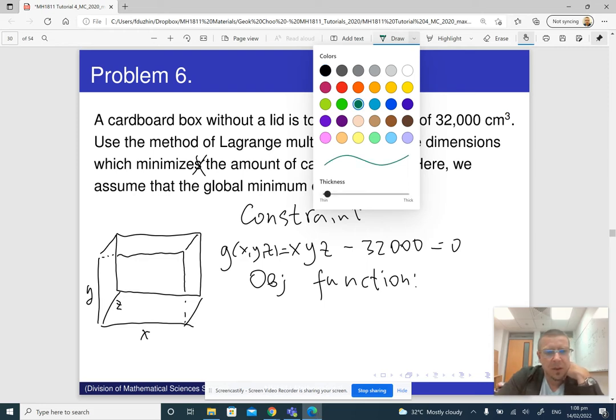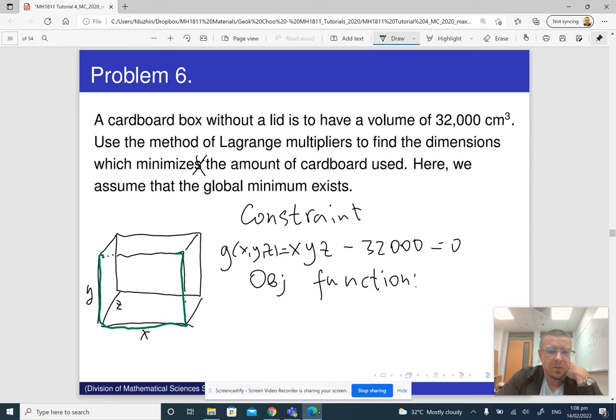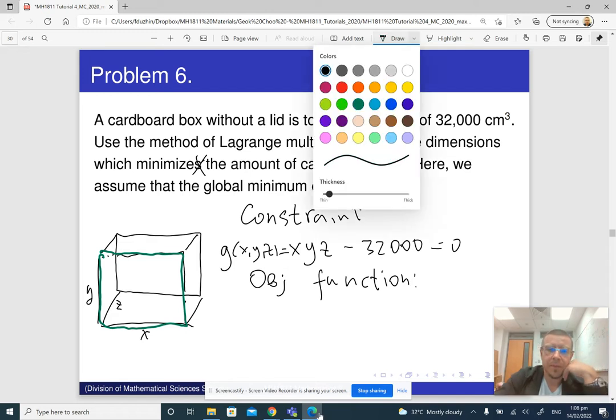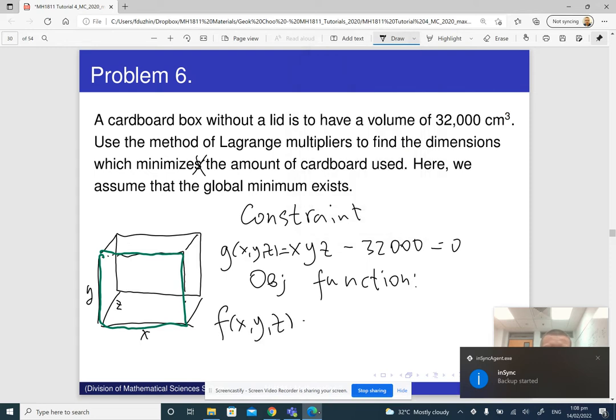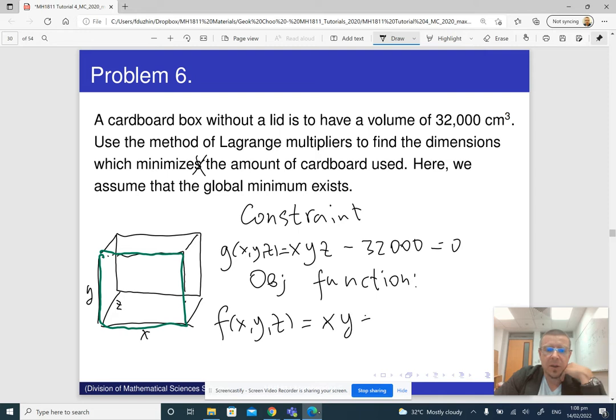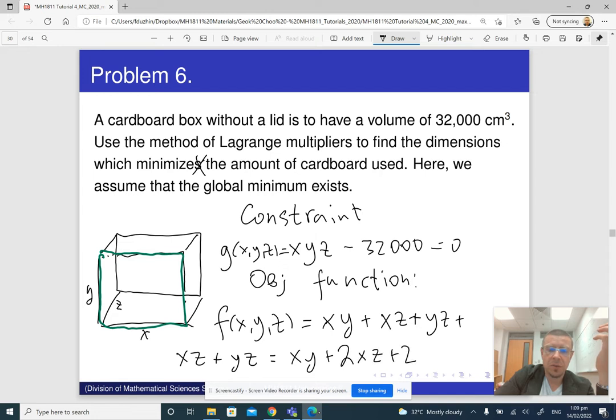This is the bottom of our cardboard, and the bottom is x by y. So the objective function f of x, y, z is going to be xy, the area of the bottom, plus the area of the four sides. The four sides are xz, yz, and another copy of xz, and another copy of yz. So this is xy plus 2xz plus 2yz. This is the objective function.